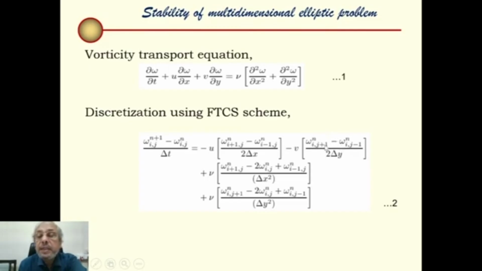Then again omega i j plus 1 minus omega i j minus 1 by twice delta y, omega at the nth level. Then nu into the central difference of omega in the x direction at the nth level, plus nu into the central difference of omega in the y direction at the nth level. So all the spatial variables are discretized through the central differencing scheme and the temporal term through the forward difference scheme.